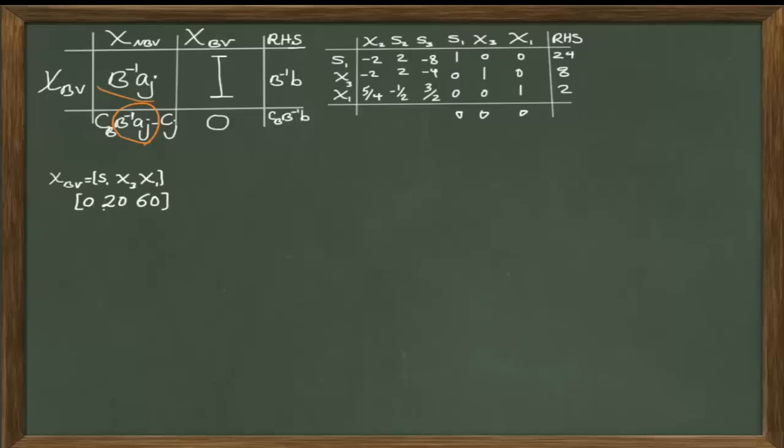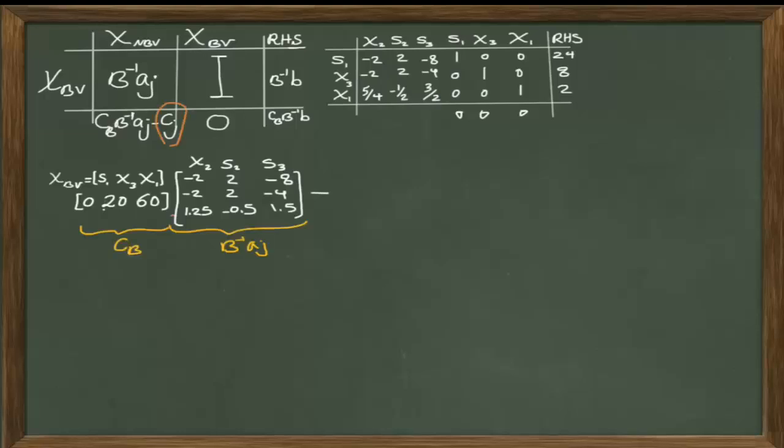But we already calculated the B inverse AJ up here. So instead of writing B inverse AJ again, I just copy this matrix here, because that's already the calculation of B inverse AJ. I don't recalculate the numbers. So far we have CB and we have B inverse AJ. Now we have to put the CJ. CJ is the coefficient of the non-basic variable.